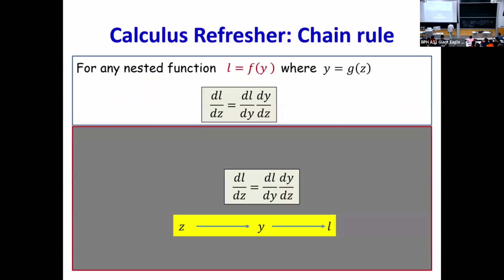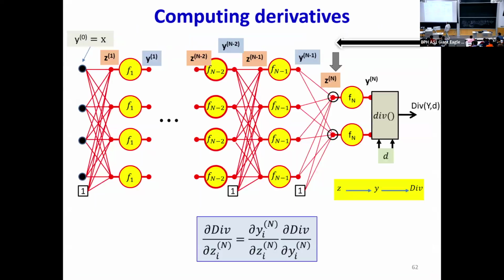Now I'm going to use the chain rule. If I have L equals f of y, and y equals some g of z, then what is the derivative of L with respect to z? We saw this. This is the derivative of L with respect to y times the derivative of y with respect to z, right? So this is our influence diagram. So I can do that.